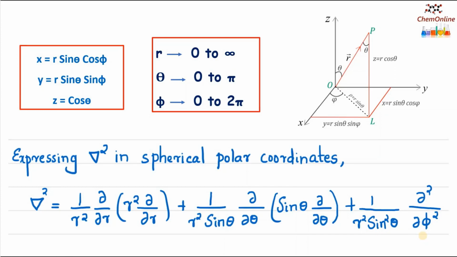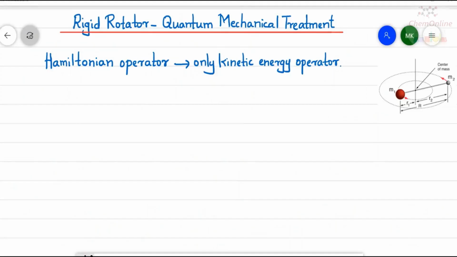Now our next step is to set up the Schrodinger wave equation for a rigid rotator and find out the eigenfunction and eigenvalue. As I said earlier, the Hamiltonian operator for a rigid rotator is only the kinetic energy operator. Potential energy is 0 because r is fixed.